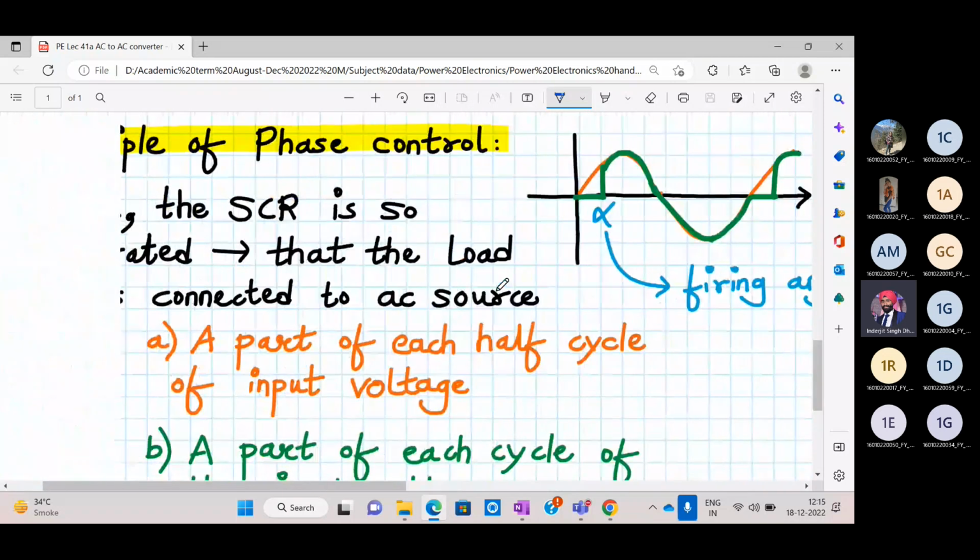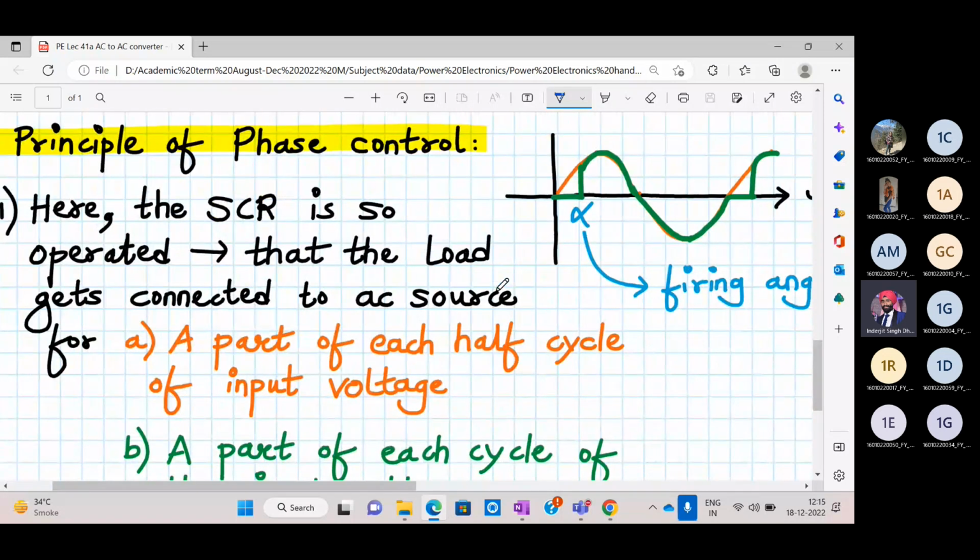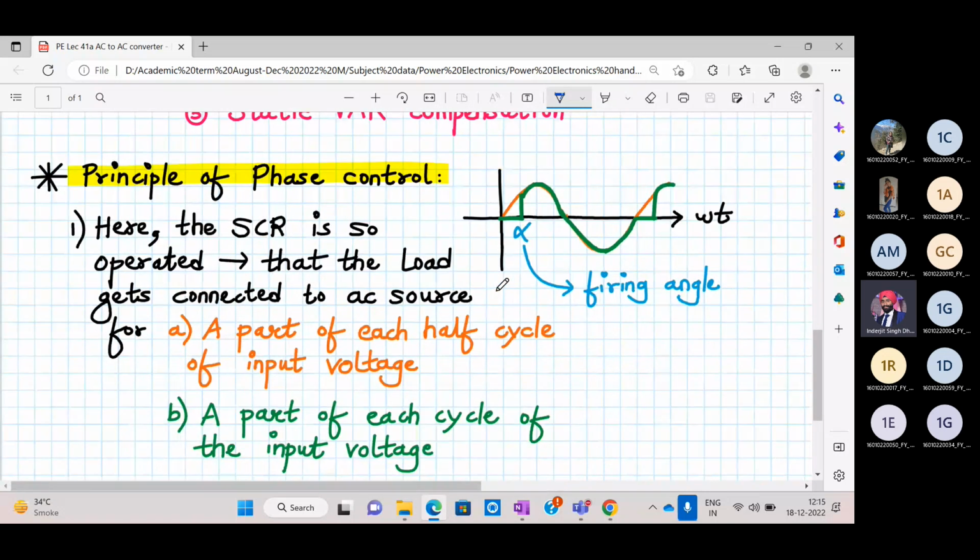This principle of phase control we have already discussed in the controlled rectifier part, but again I'm repeating. Your SCR is operated such that the load gets connected to the AC source. We can consider a single half wave rectifier also to demonstrate this.